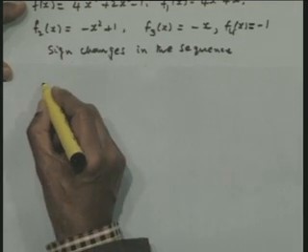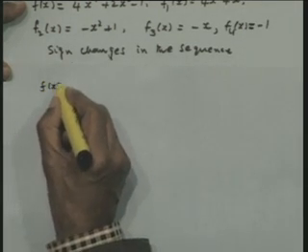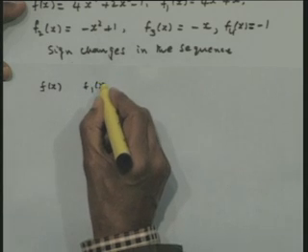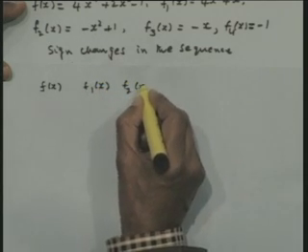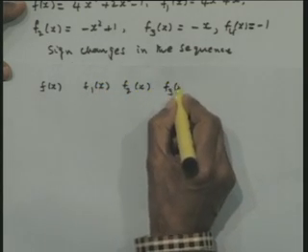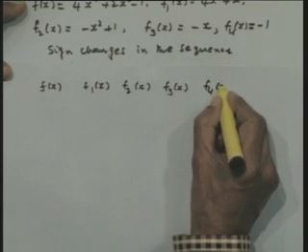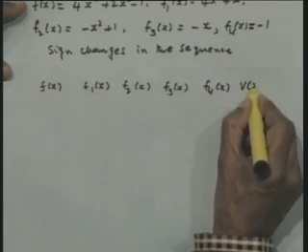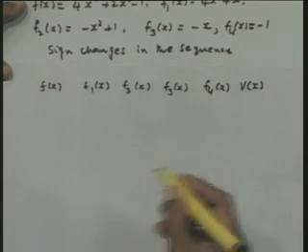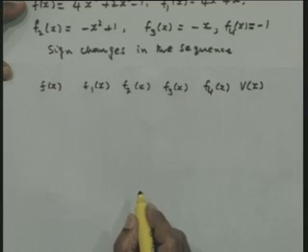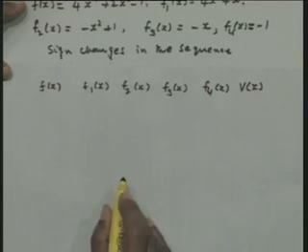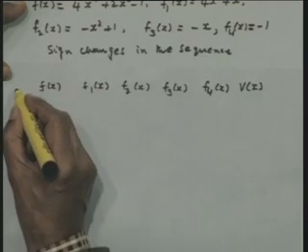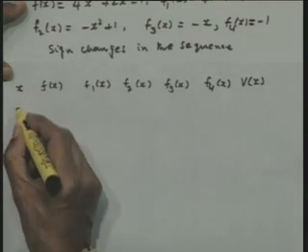Let us write down f(x), f1(x), f2(x), f3(x), f4(x) and V(x). V will be the number of changes in sign. Let us put x also here. Let us start with minus infinity.